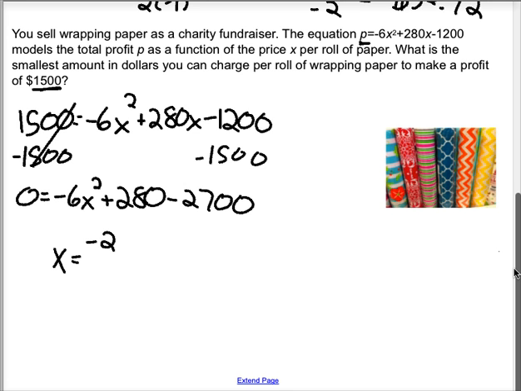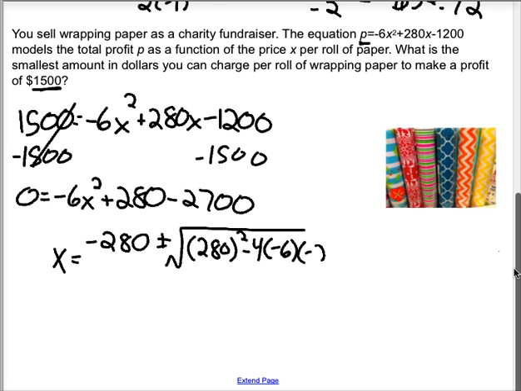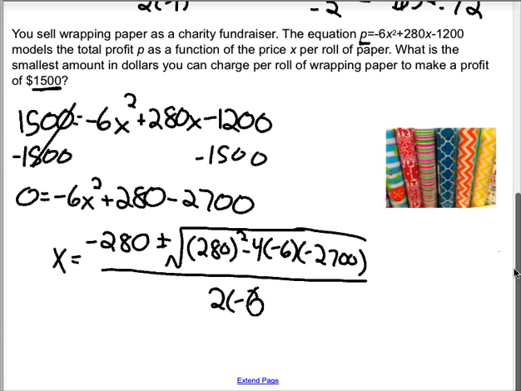Negative b, so negative 280, plus or minus the square root of b squared minus 4 times a times c, all over 2 times a.